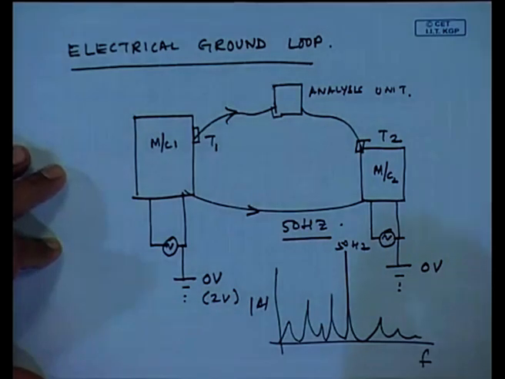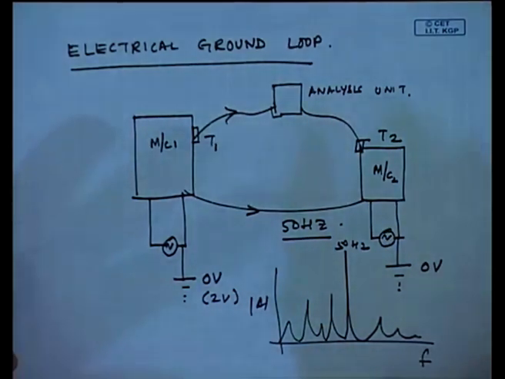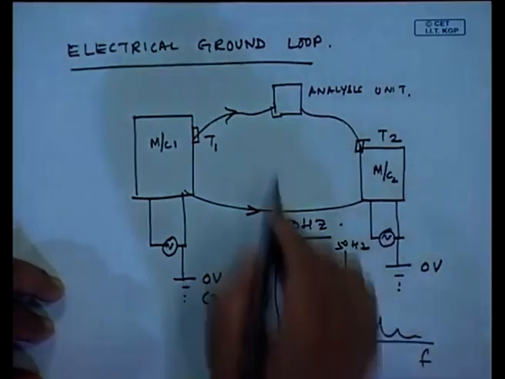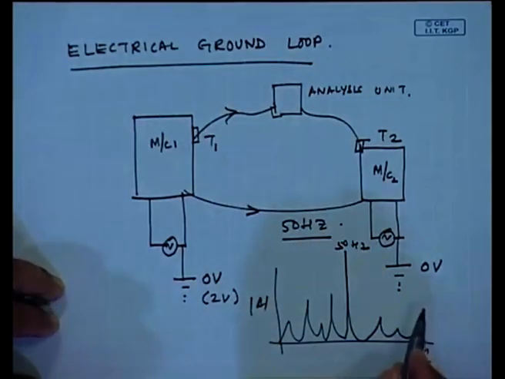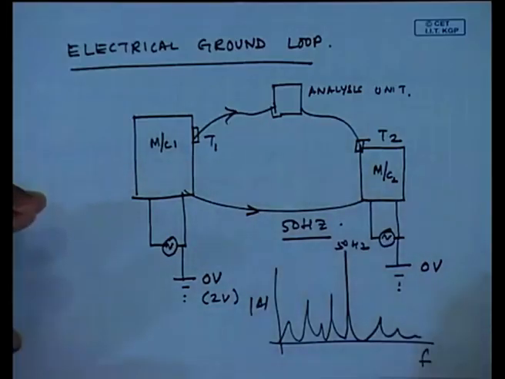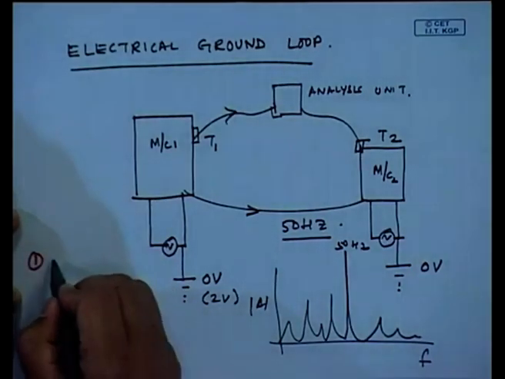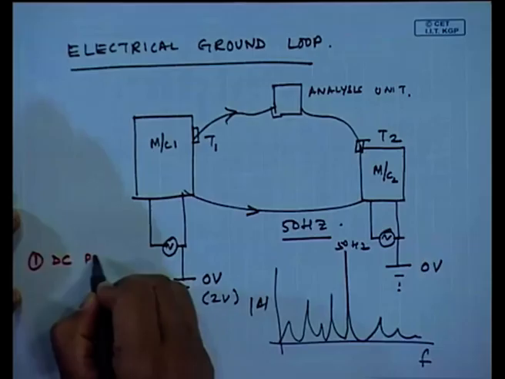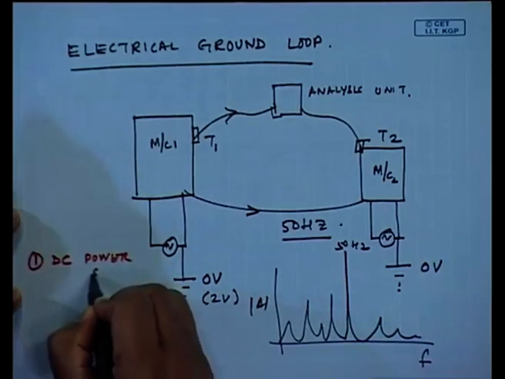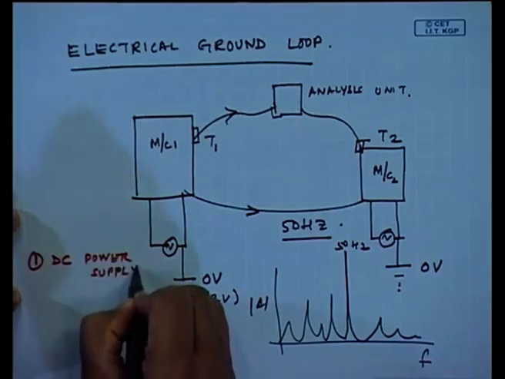Okay. This is a real problem with instrumentation, and once we go to the field, we have to avoid ground loops. Okay. So, I will just tell you some of the tricks to avoid ground loops. One is, wherever possible, use a DC power supply, a battery source.